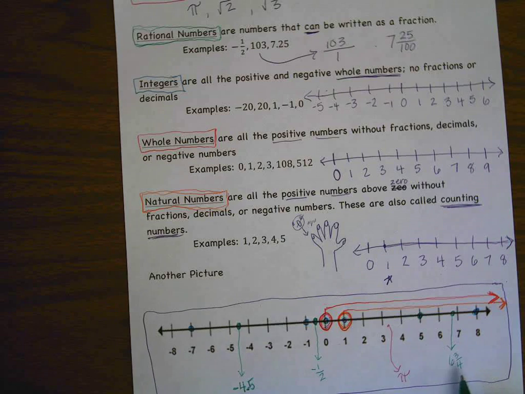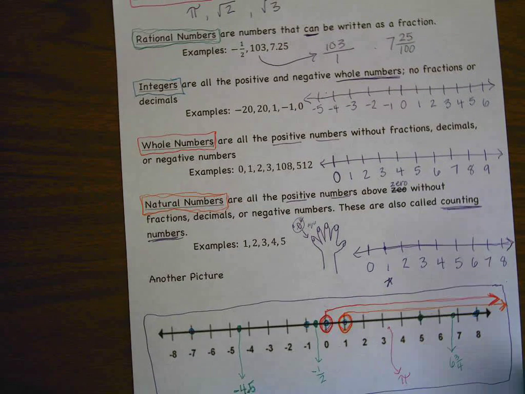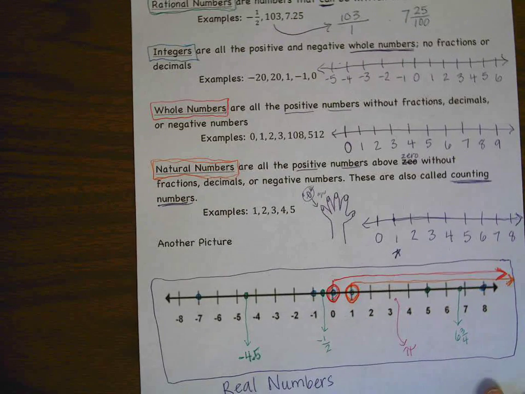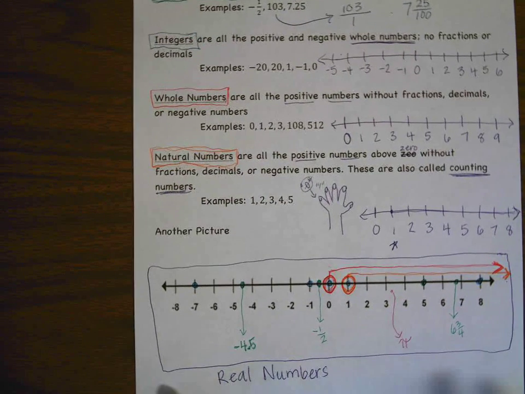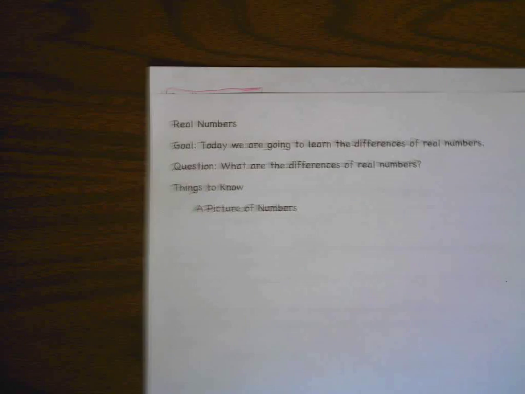Okay, and so what we have to remember about rational numbers is that they can be positive or negative. They can be written as fractions or as decimals or as whole numbers. Okay, and so hopefully this picture right here is another way for you to keep track of the different kinds of numbers that we're learning about and that we're working with.